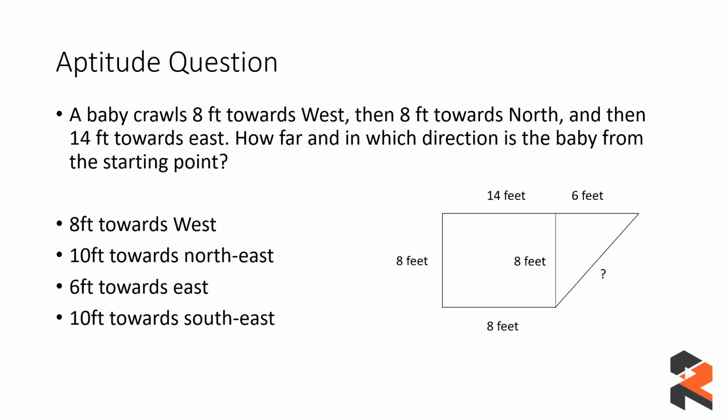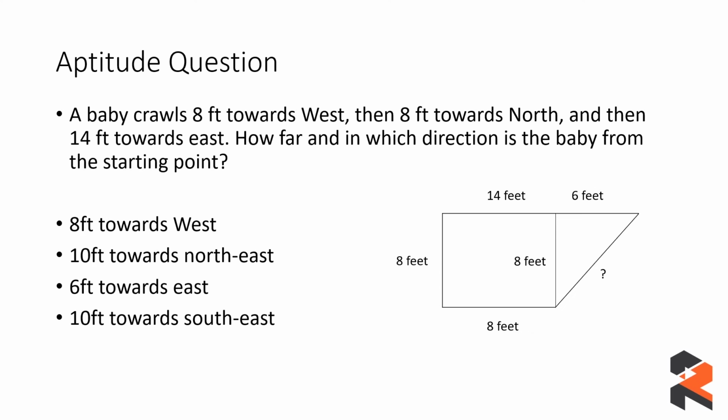If the baby starts moving towards west and moves 8 feet and then moves 8 feet towards the north and then 14 feet towards the east, in that case you have the following figure. Then you can find out that a difference of 8, if cut out from the number 14, then you are left with 6, and then you have the height of the triangle formed as 8, so you can apply Pythagoras theorem in this case, and the answer will be 10.